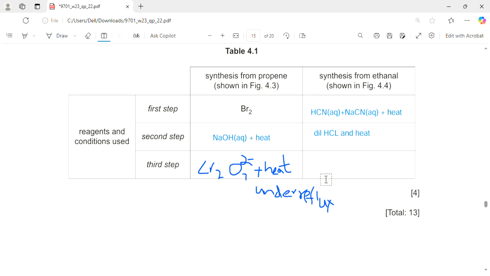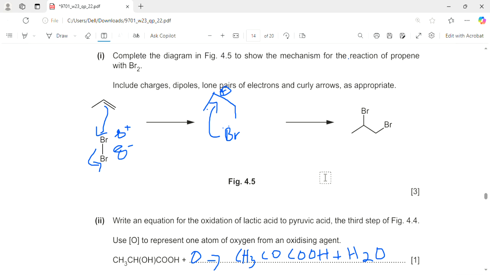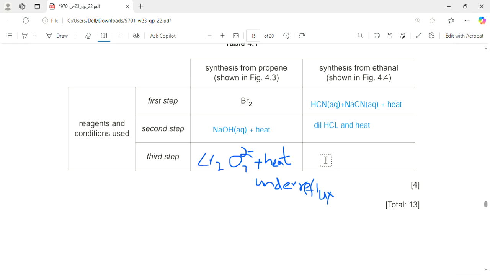I think in the third step we use the compound Cr2O7 2-, just like the same, plus heat under reflux.